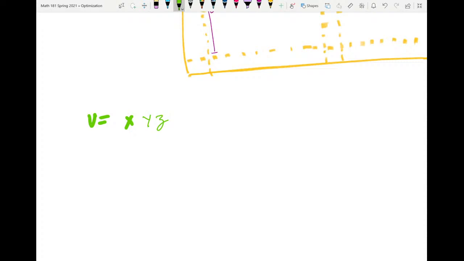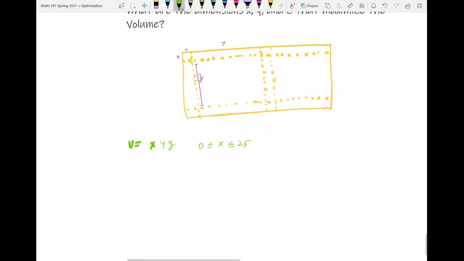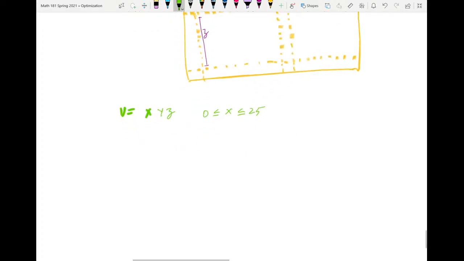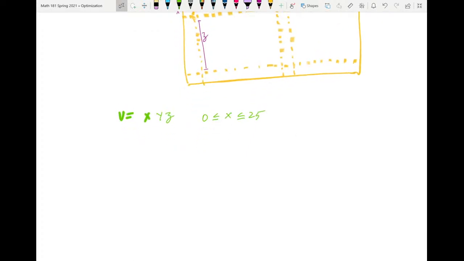And x must be greater than 0 but less than 25, because we're talking about measuring 50 by 80 inches, and this x cannot be greater than 25, because if it's greater than 25, then you don't have the dimension happening.